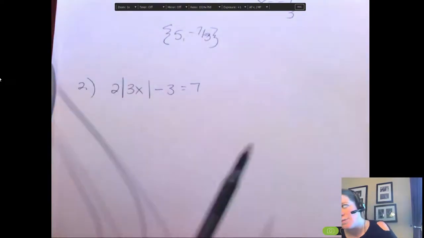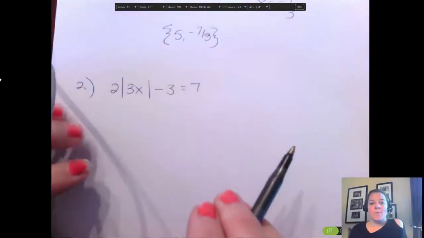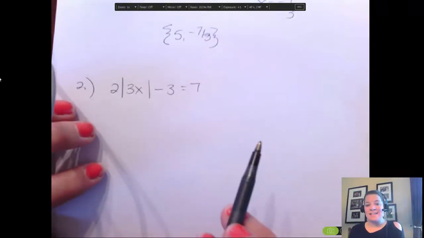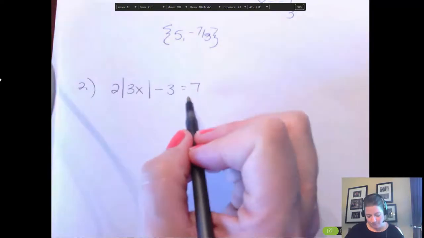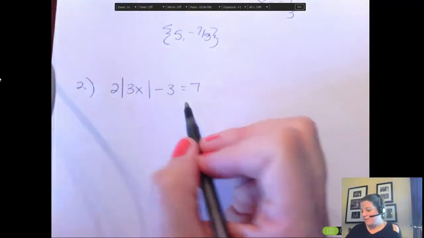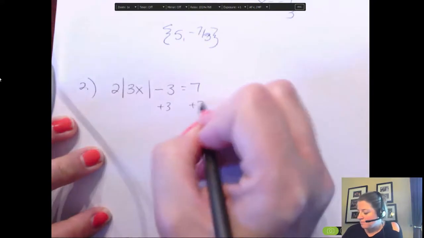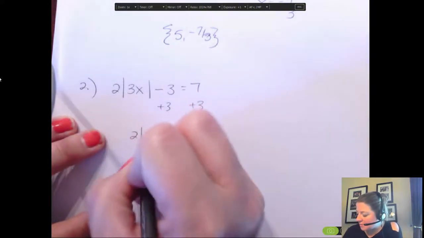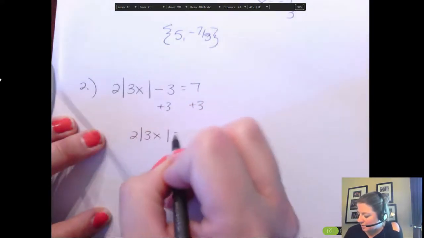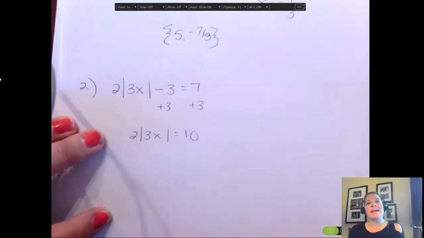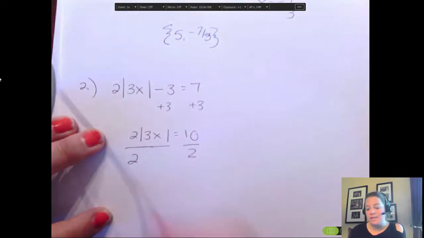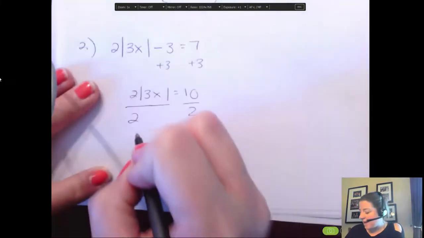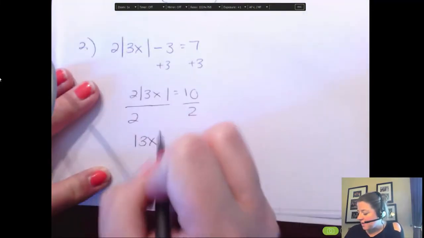It's not by itself or isolated like the problem before. So you're going to isolate that first. We'd add the 3 over, and I would then have 2 times the absolute value of 3x equals 10. Then you have to divide by that 2 on both sides to get it completely by itself. So then you have the absolute value of 3x equals 5.